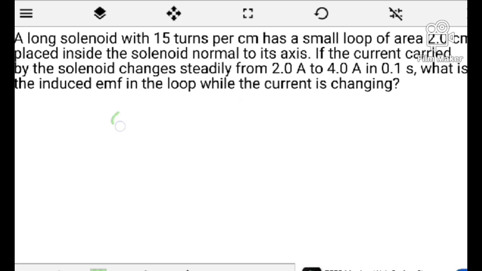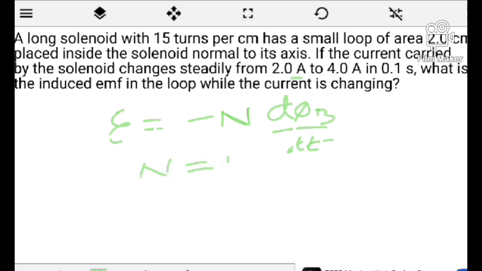Therefore, the EMF generated across the loop as the current passing through the solenoid changes is minus N d phi B by dt. The number of turns in the loop equals 1. Therefore, induced EMF equals minus d phi B by dt.